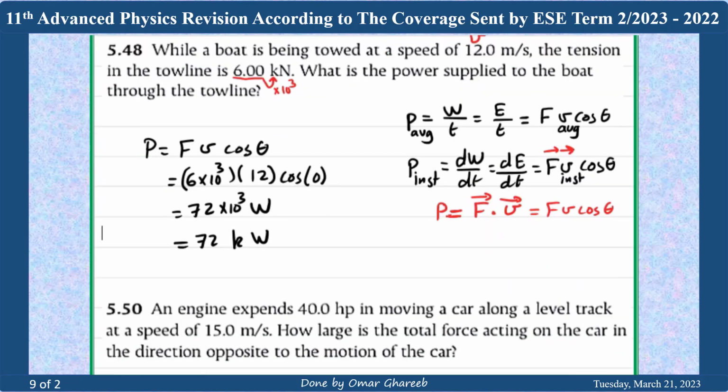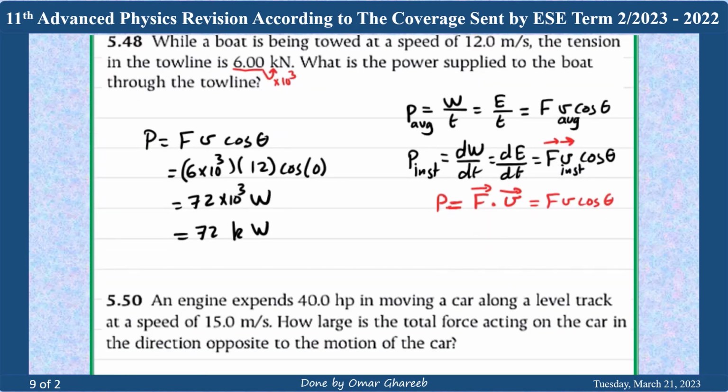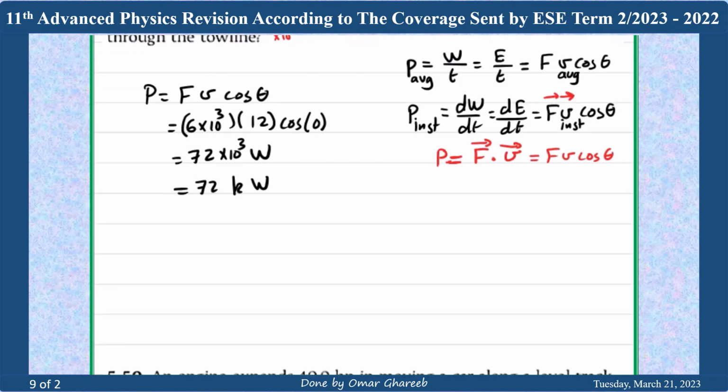And if you need it in horsepower, you can divide 72 times 10 to the 3 by 746, almost that, and it will be converted to horsepower, because every 746 watts equals 1 horsepower.